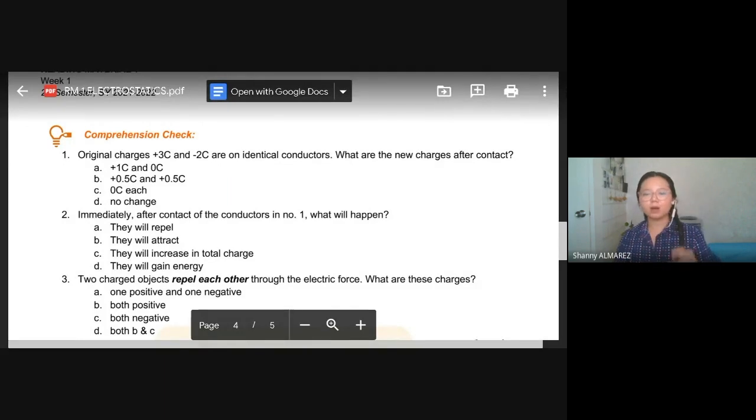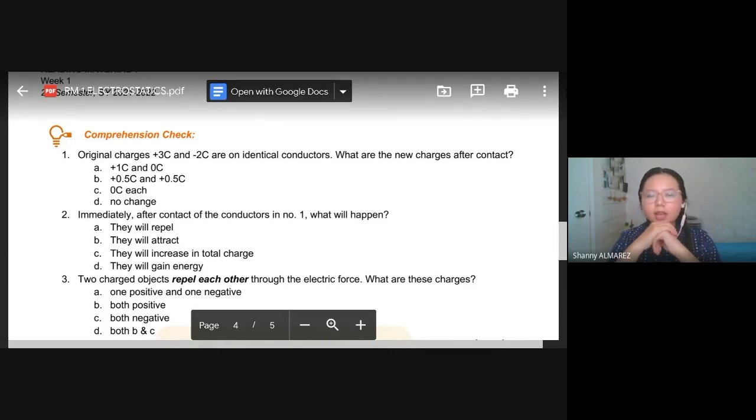Sige, let's think about the consequence of putting these two oppositely charged conductors together. So, yung isa kulang sa charge, kulang sa electron. Yung isa naman, sobra sa electron. Pag pinagdikit natin sila, anong mangyayari?